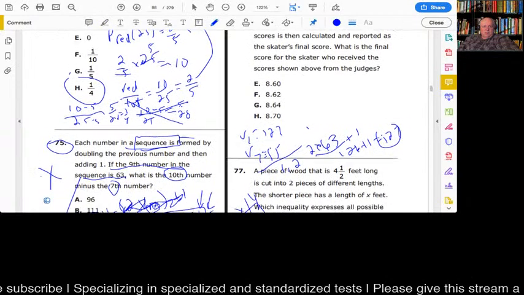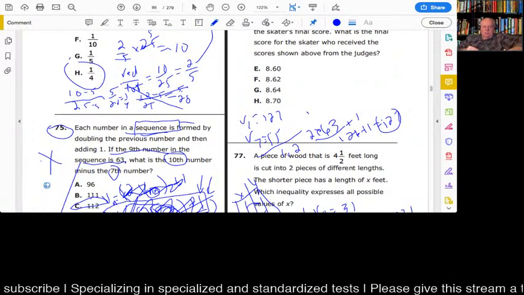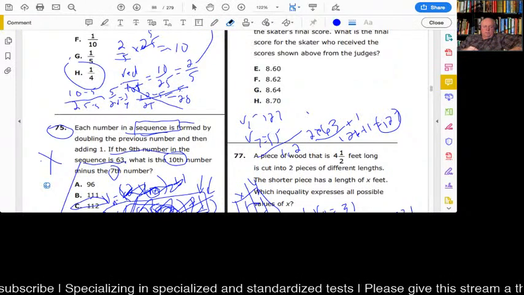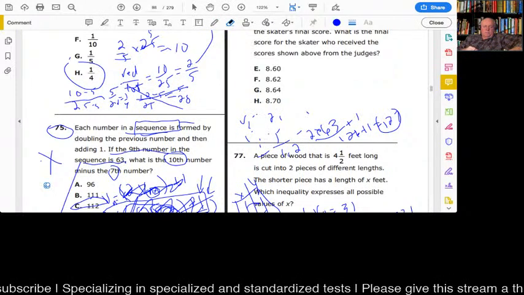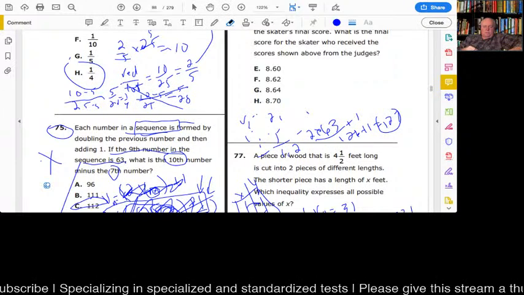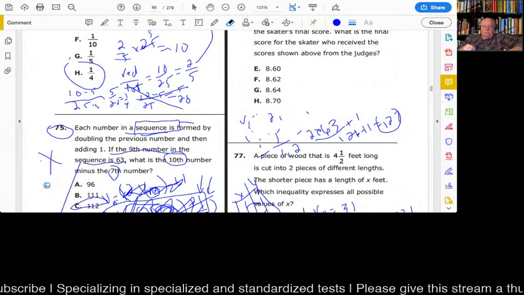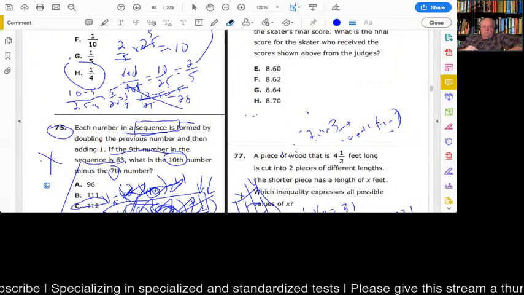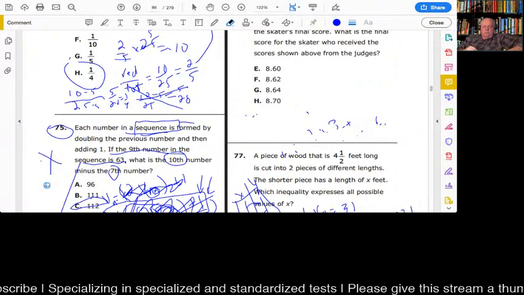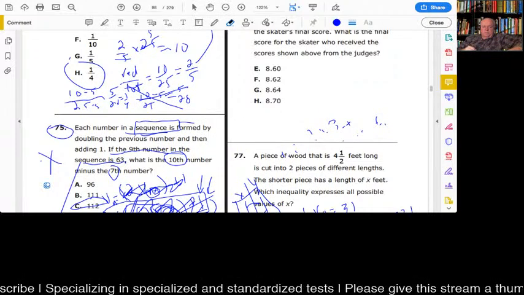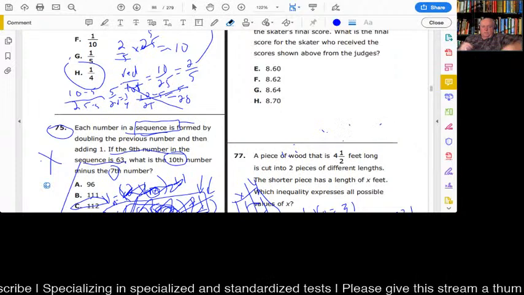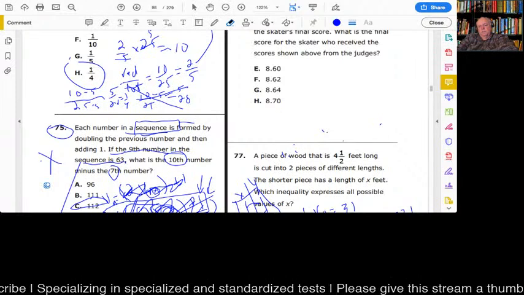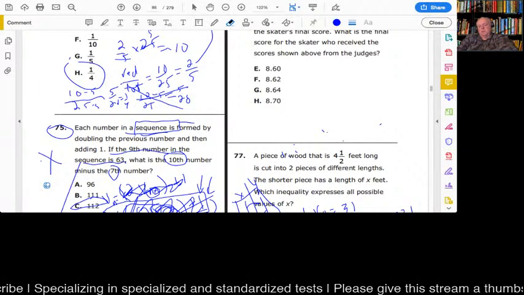So let me get rid of some of this clutter here. Oh, you're a grade 9 too, Roberto?